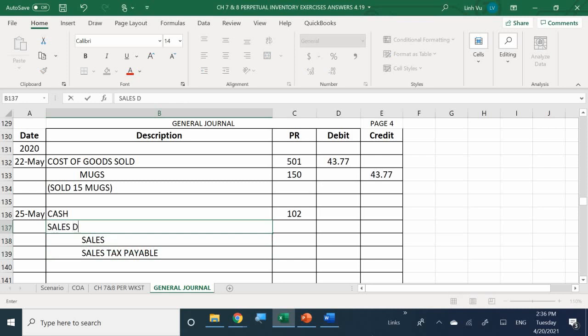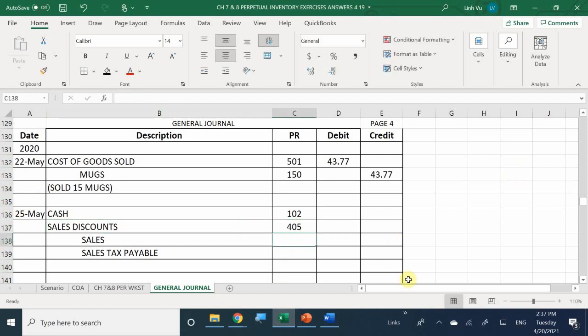It decreases the sales, right? So what is sales discount? It's a contra account, correct? So in this case, it flows in the opposite direction of the main account, which is your sales. So in this case, sales discount, what account number is that? I think it's 405. Okay. Sales is 401. Sales tax payable is 230.